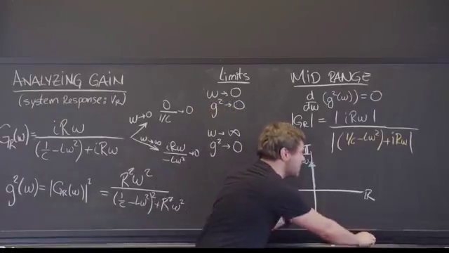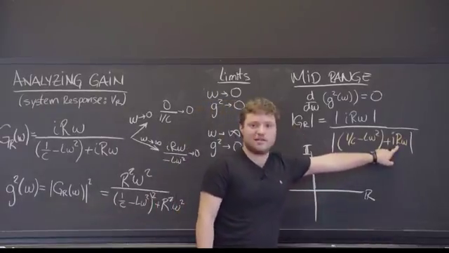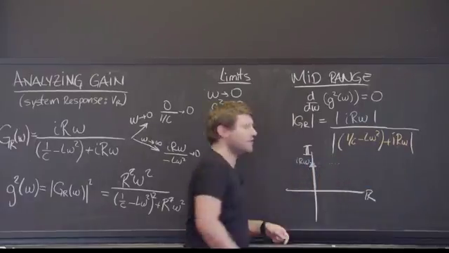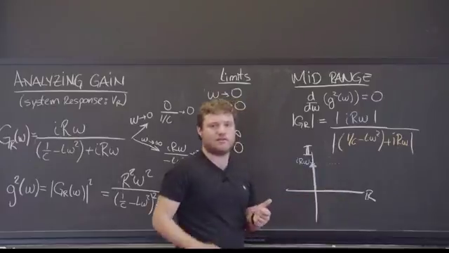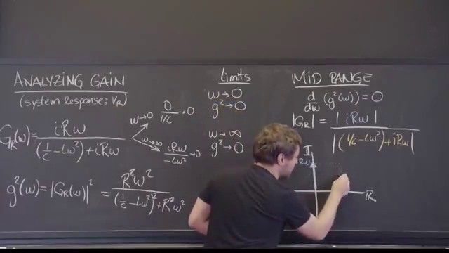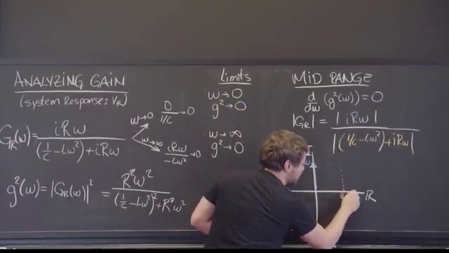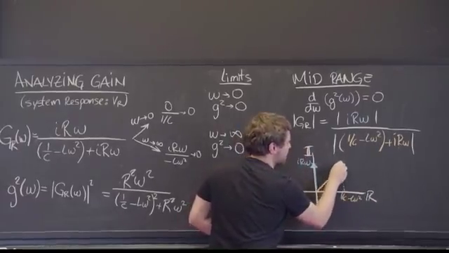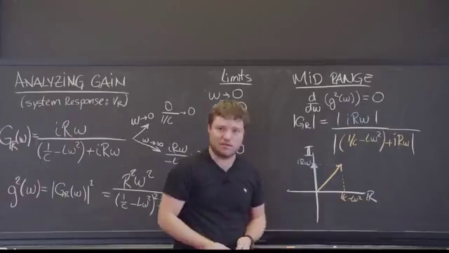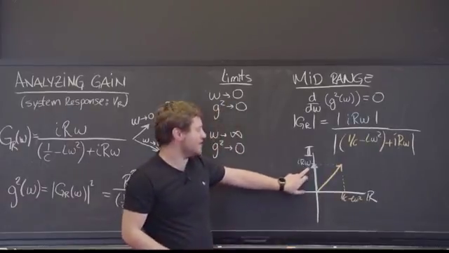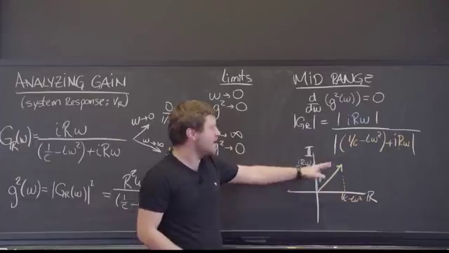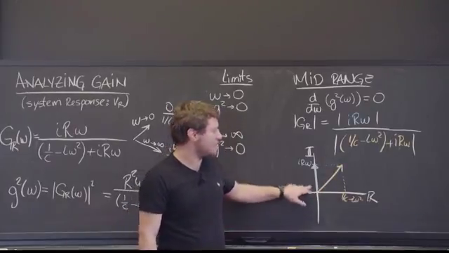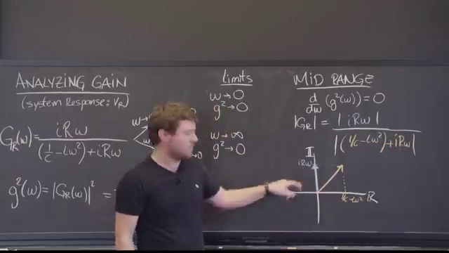And then the denominator has the same exact imaginary part. So it will also have this imaginary part, but it also contains a real part given by 1 over c minus L omega squared. So the complex number looks like this in the complex plane. We have a numerator that's purely on the imaginary axis, and we have the denominator, which is drawn here in orange, that has a real and imaginary component.